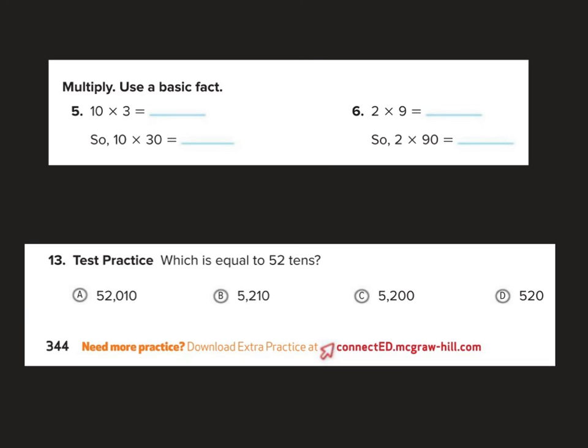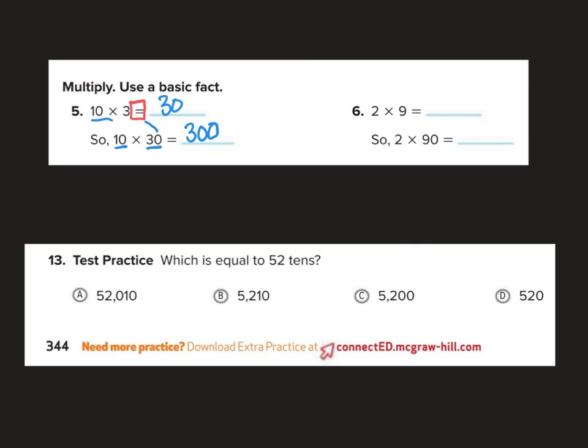Okay, let's do this. Multiply using a basic fact. So if I do 10 times 3 is 30, then 10 times 30 is 300. Why? Because look, up here, no 0.